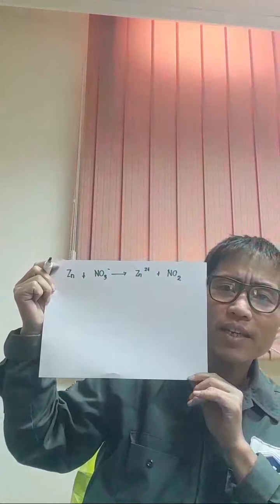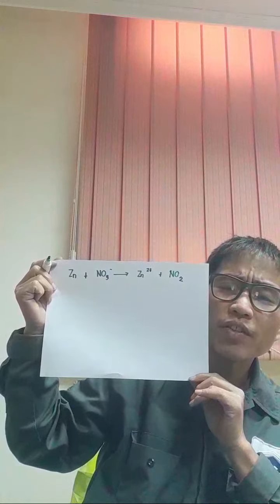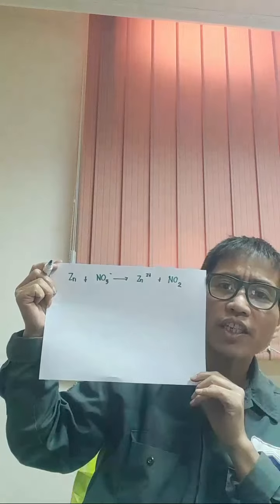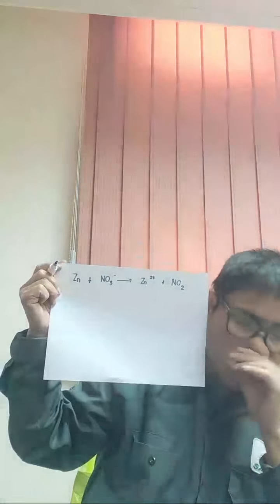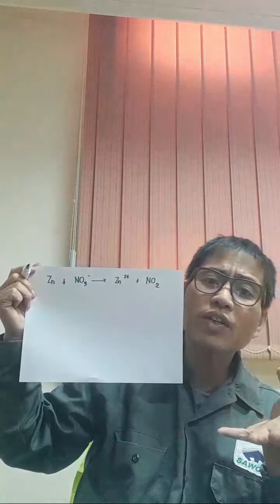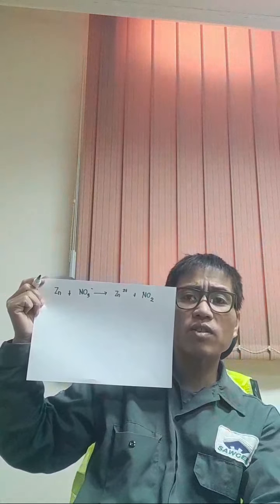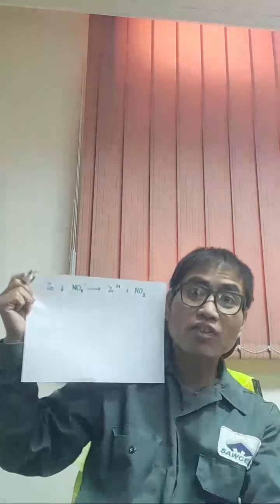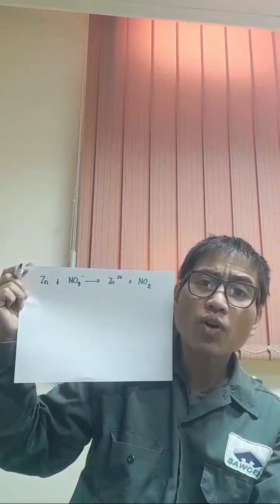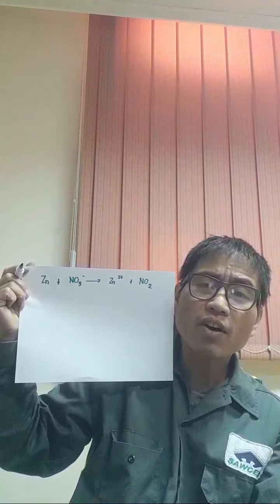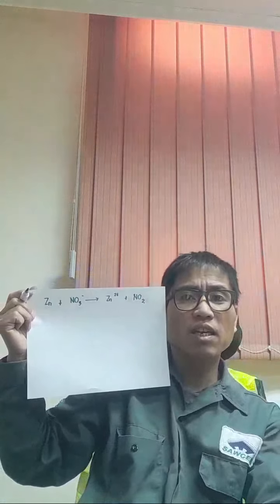In this redox, we need to be alert to the charges, because it deals with the charges when we determine the oxidation state and oxidation number. Especially in determining the oxidation and reduction process, we need to know the changes.